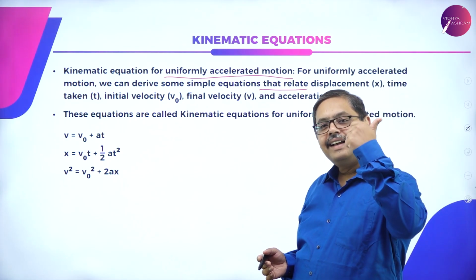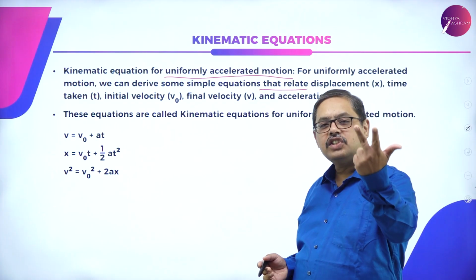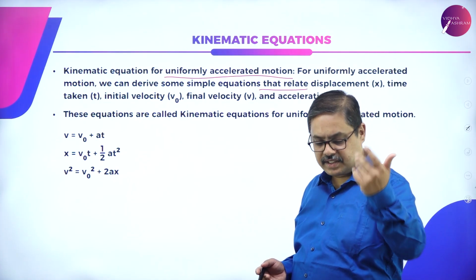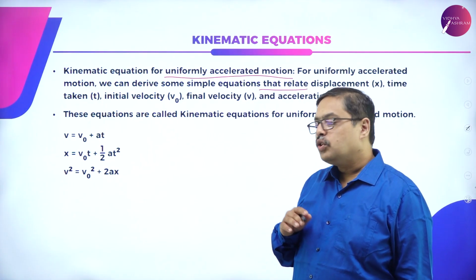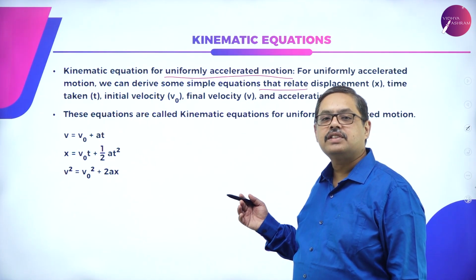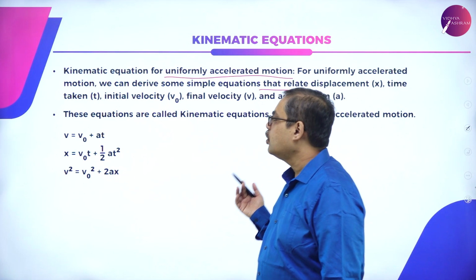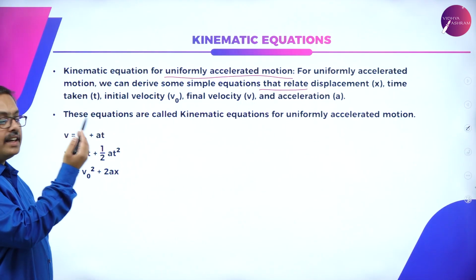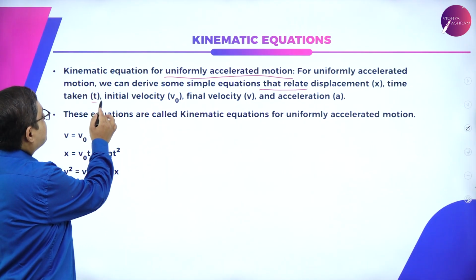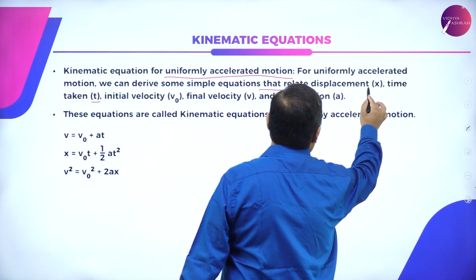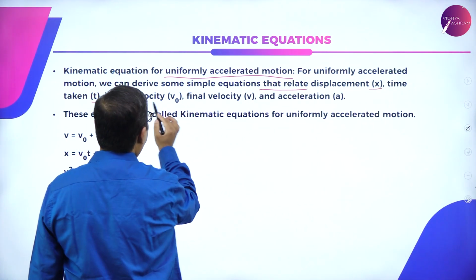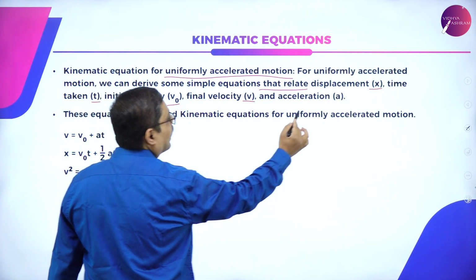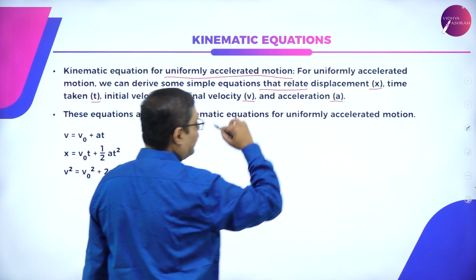Displacement, time taken, initial velocity, final velocity, and acceleration. So you are deriving equations among these 5 physical quantities. Displacement is represented by x, time by t, initial velocity by v0, final velocity by v, and acceleration by a.